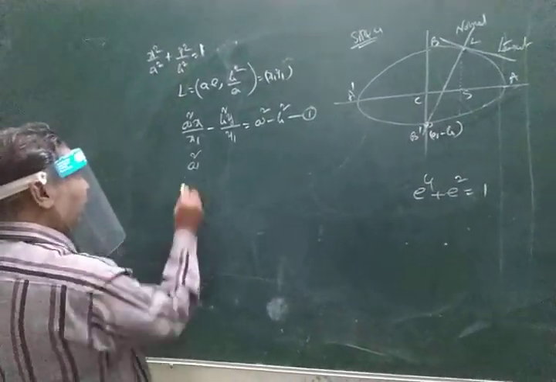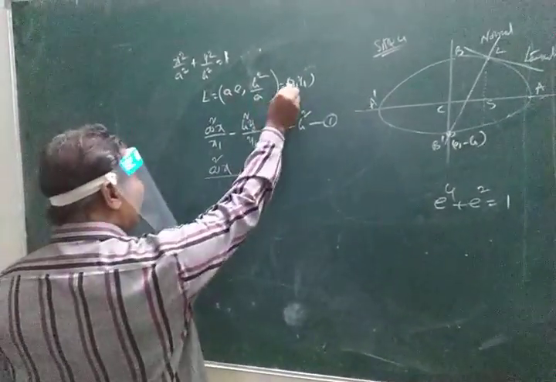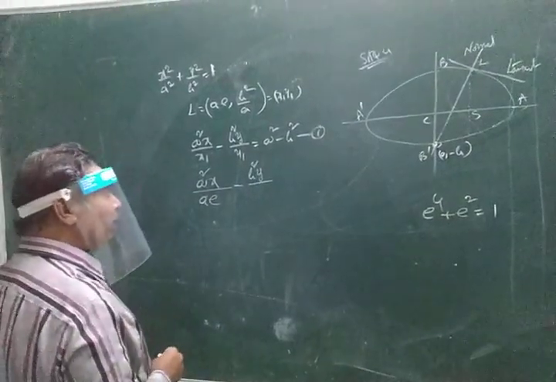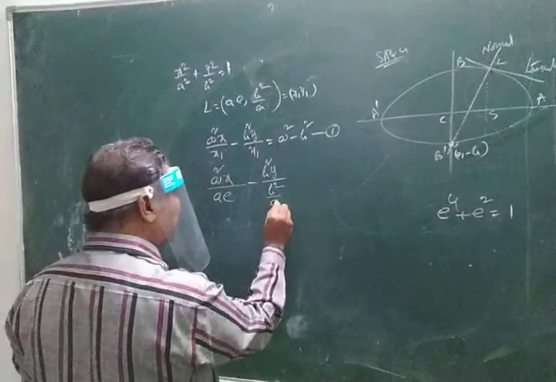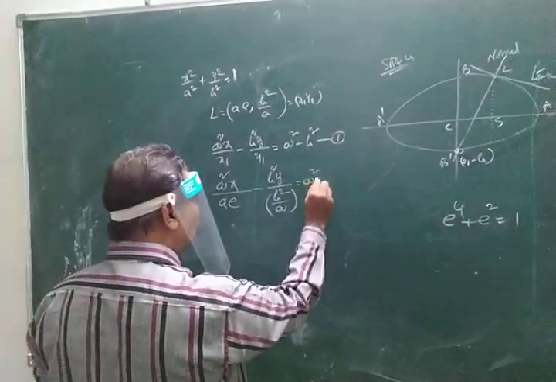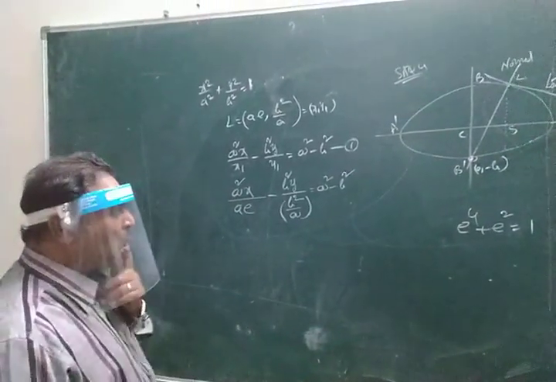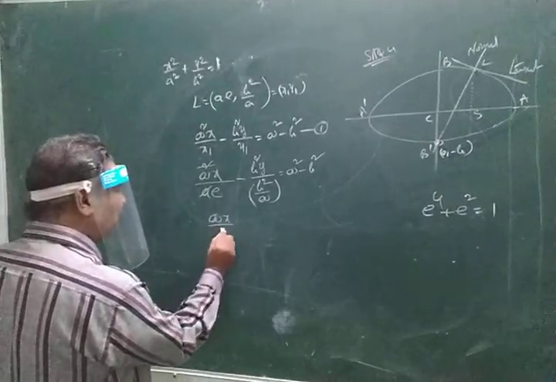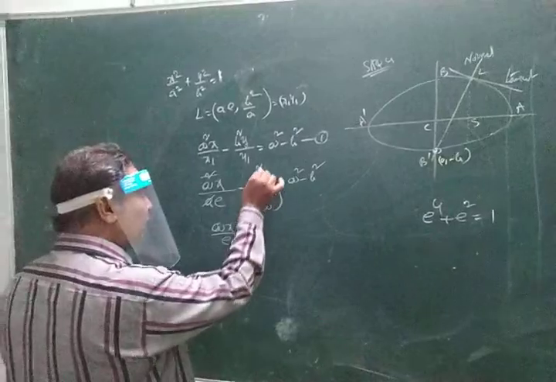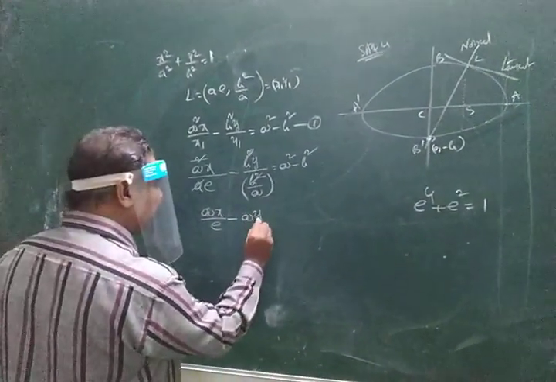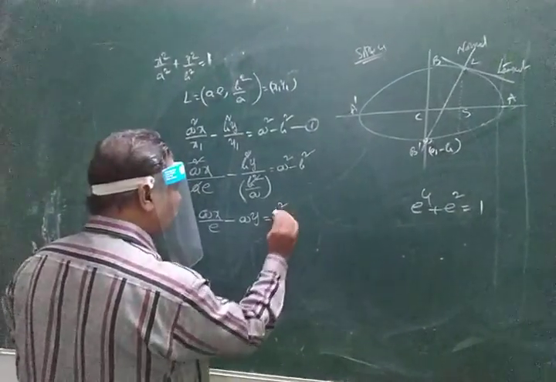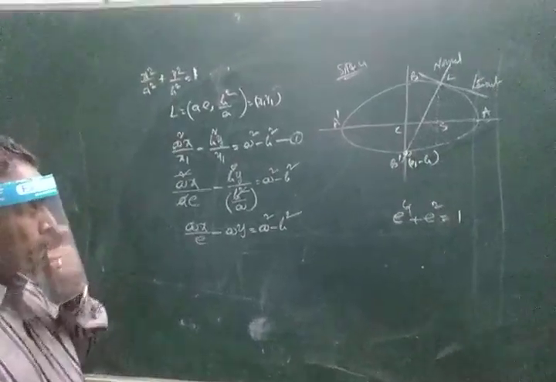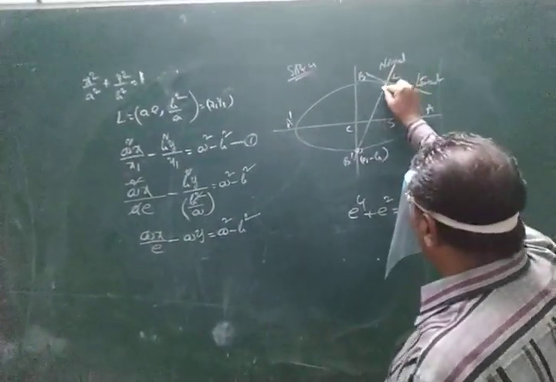Therefore, a square x by ae minus b square y by b square by a equal to a square minus b square. a cancels, ax by e. b square cancels, minus ay equal to a square minus b square. So, the equation of the normal is over.